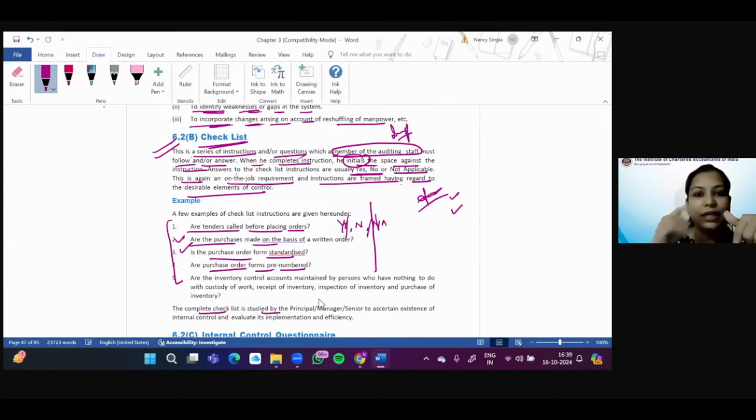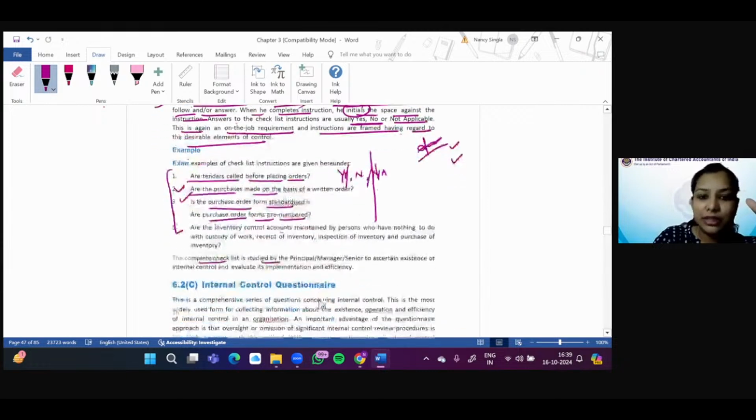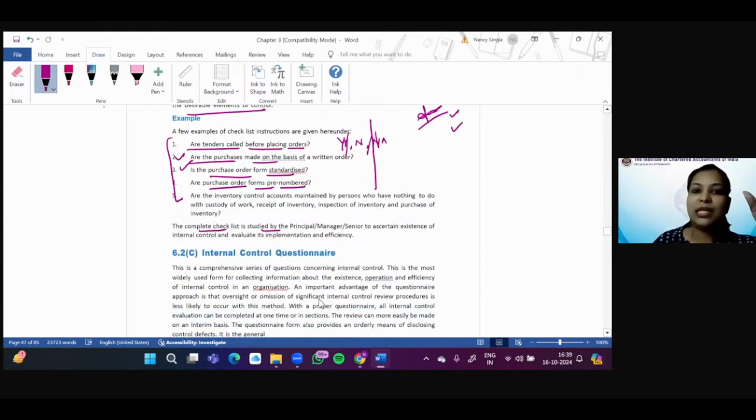Now, when that checklist has been filled up by the audit staff and initialed by the person who has done that, it will be studied by the principal, manager or the senior to ascertain the existence of the internal control and its implementation and efficiency. As simple as that.